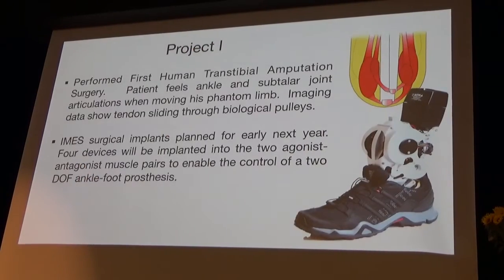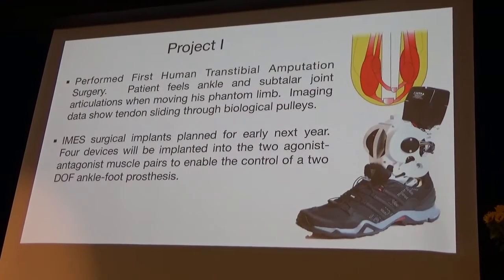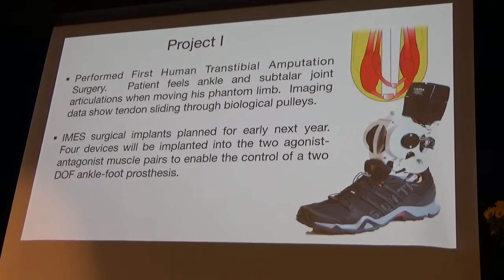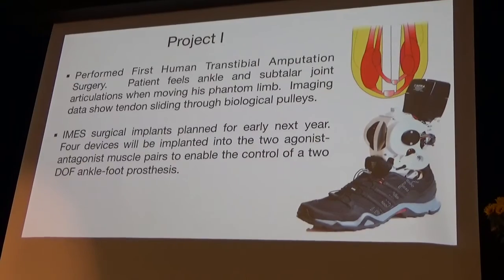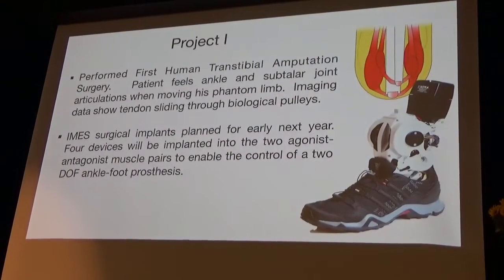So we're pursuing two projects. We recently performed our first human amputation surgery, transtibial, where we linked two muscle pairs, one for the ankle and one for the subtalar joint, through biological pulleys. The human patient reports that they feel normal ankle and subtalar dynamics.